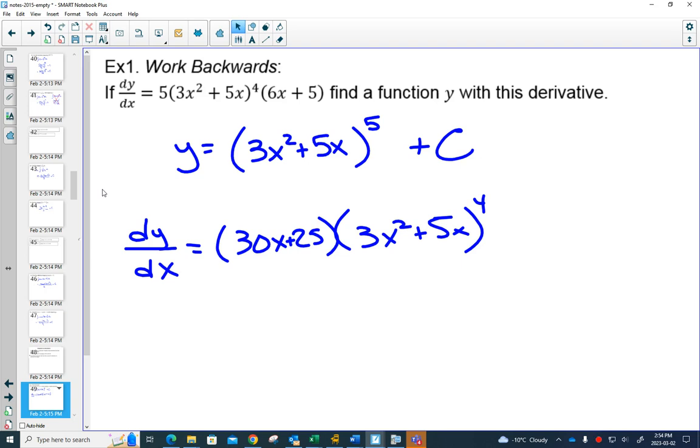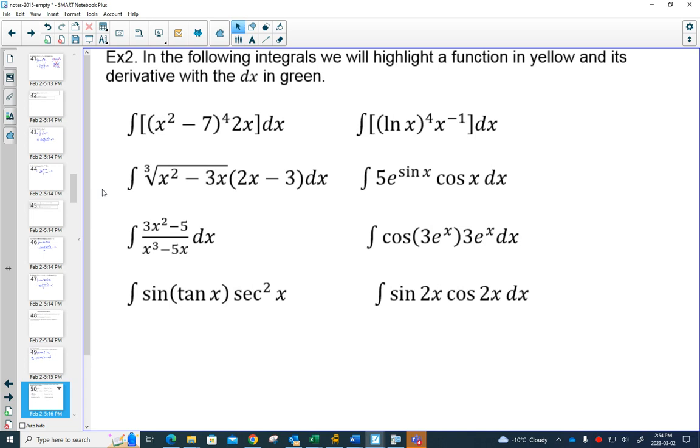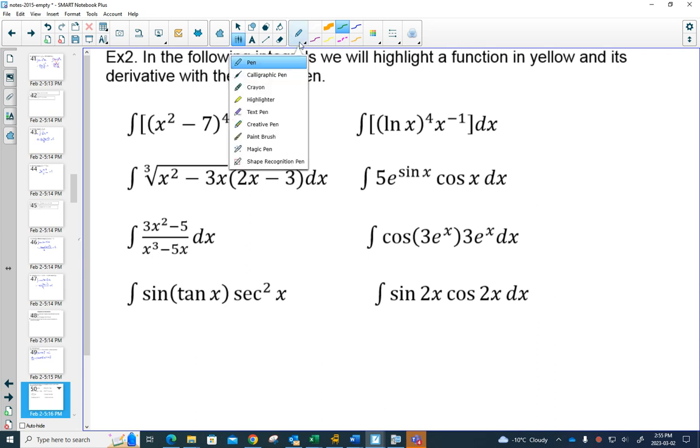Now, we won't start off with a super hard one right away. We'll start off with some more straightforward ones. These will all be ones where we integrate by substitution. And what we're going to notice as a technique, we're going to take out our highlighters.